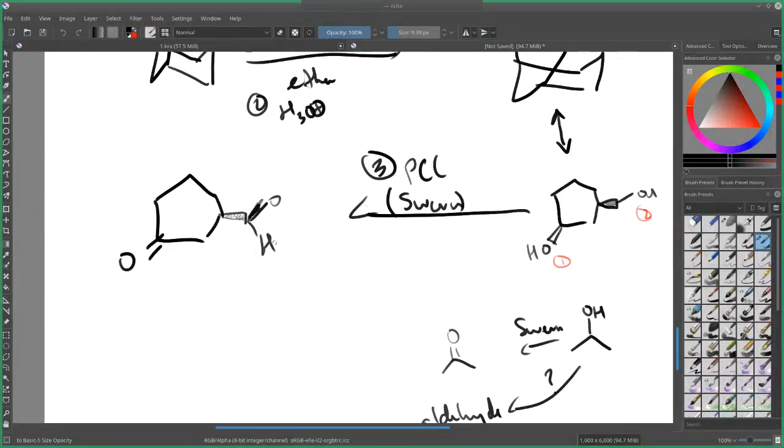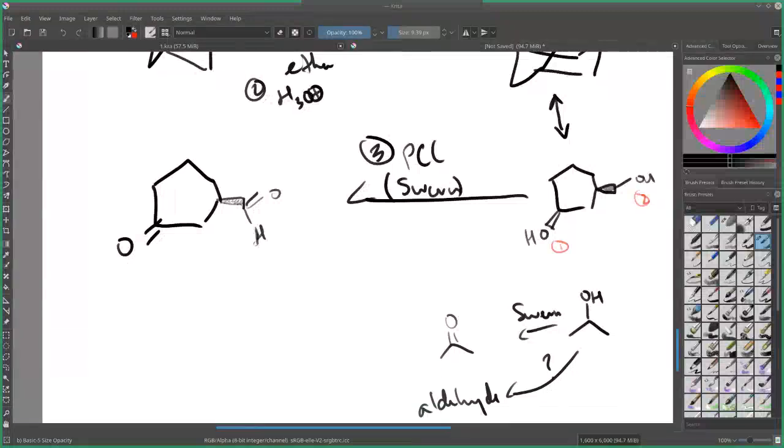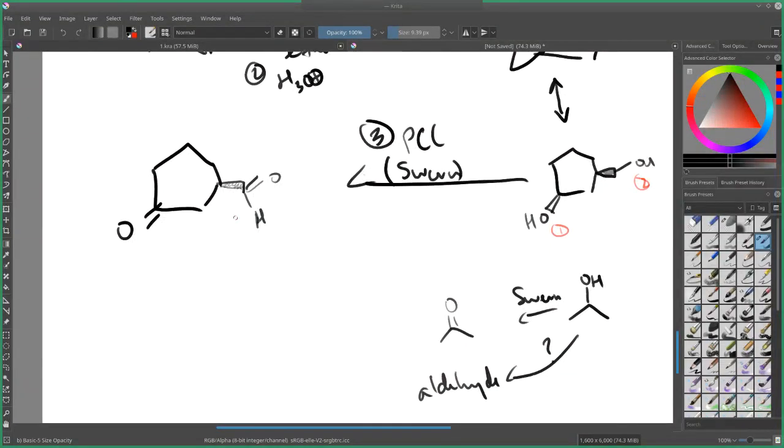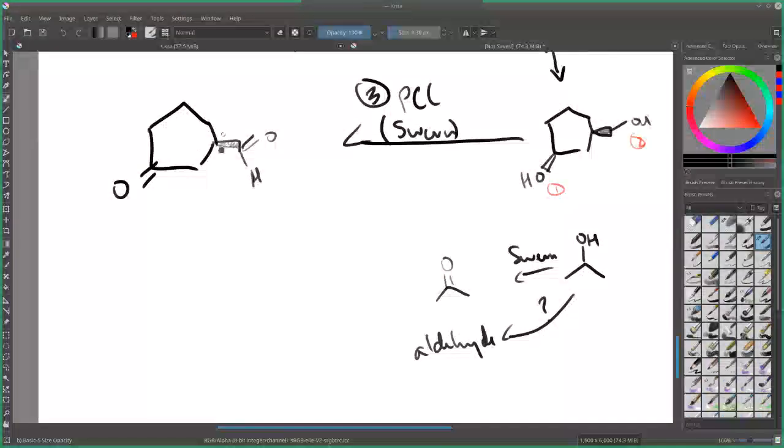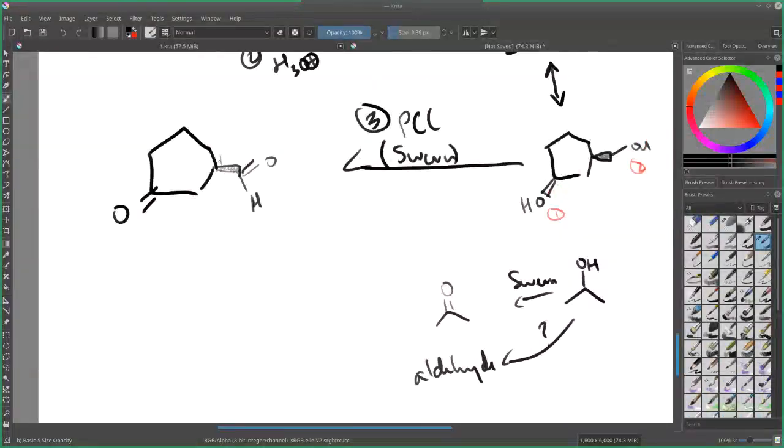There we go. So it looks like that. And maybe if you're keeping track and you really love these sorts of problems from way back when, this is still a chiral molecule because it has this stereocenter here, but we get a racemic product.